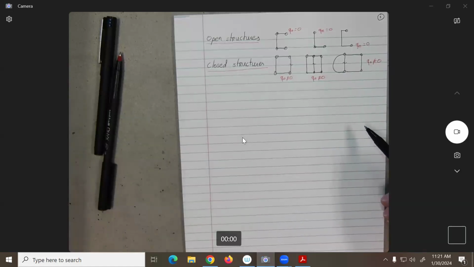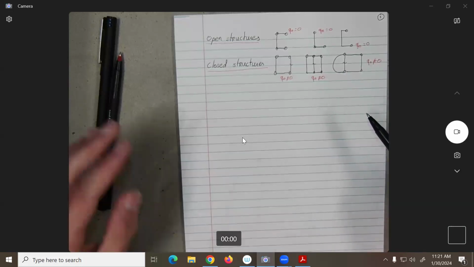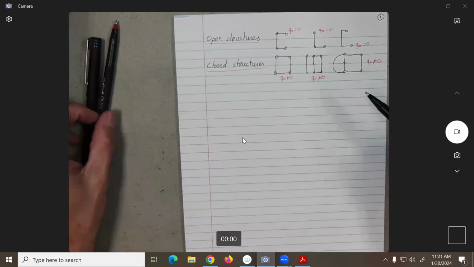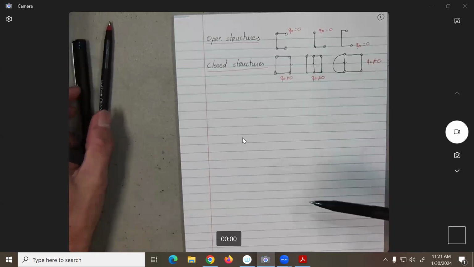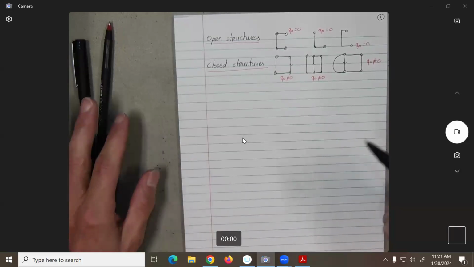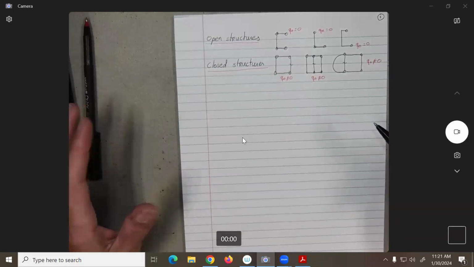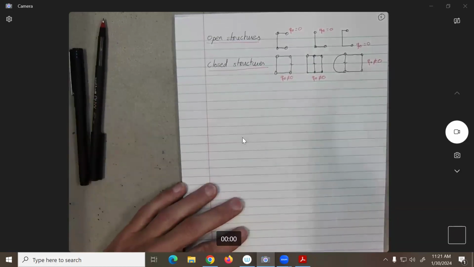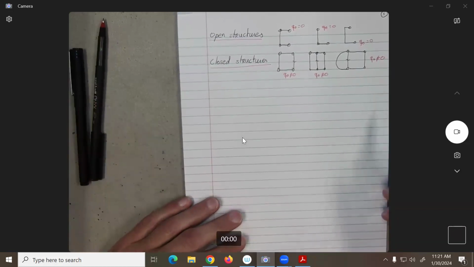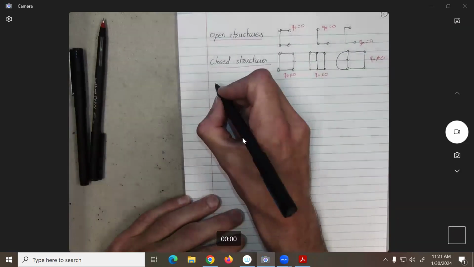That's what I do differently if you took this class with Radosta, Islami, or that team. They don't make a cut, they use a redundant shear flow, and then they find the value of that redundant shear flow. Basically, it's exactly the same thing that I do, just presented differently. Okay, so let's say the closed sections.